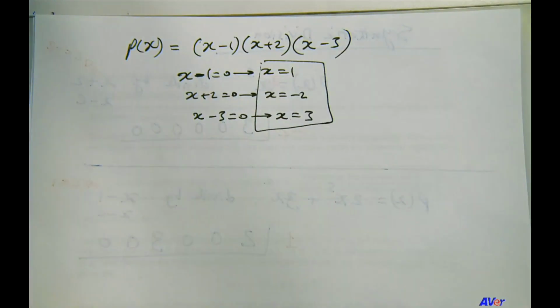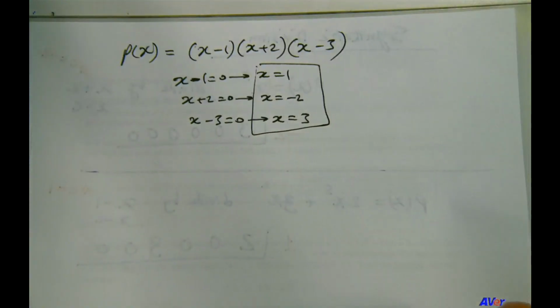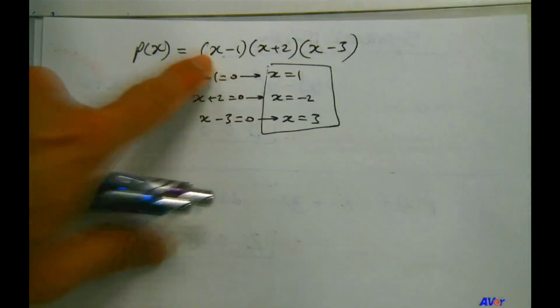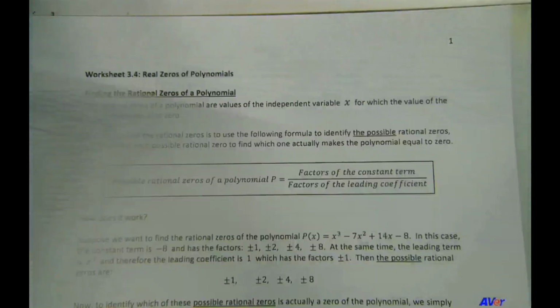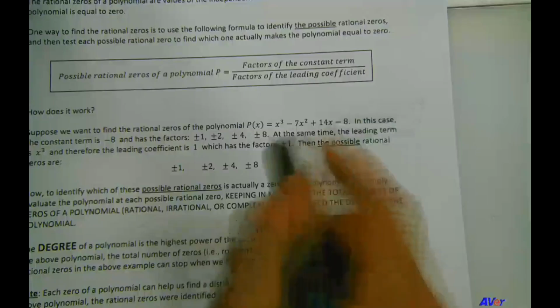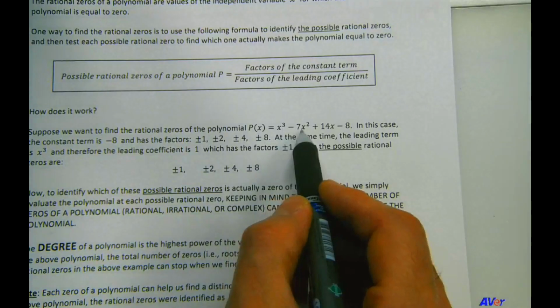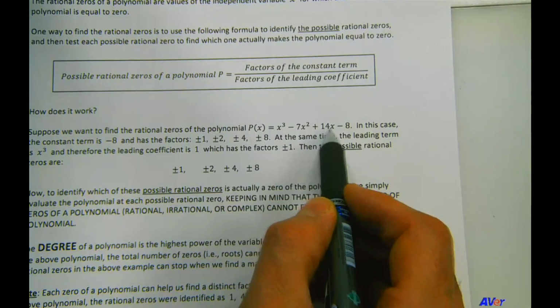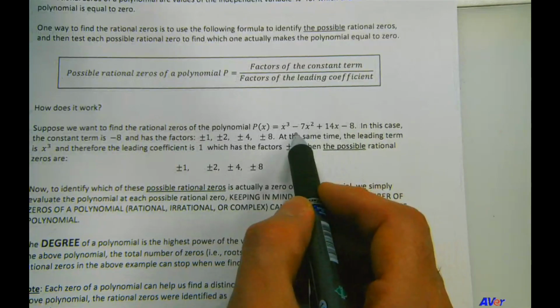Now, in this case we were given all these factors. In every case we were given the factors. But what about if you have a polynomial like this one, x cubed minus 7x squared plus 14x minus 8? This is not in factored form.